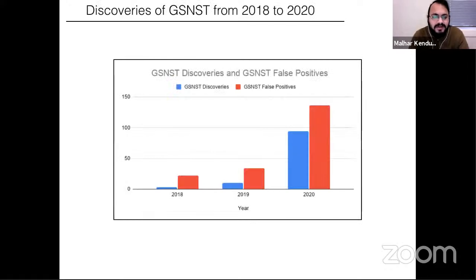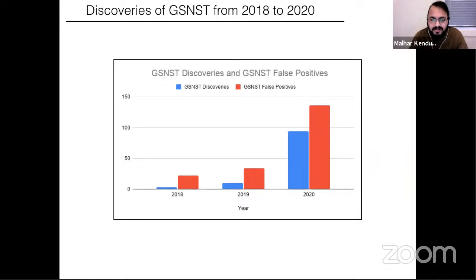Here is an overview of our discoveries from 2018 to 2020. In 2018, we discovered only 3 supernovas in the whole year and found 35 false positive or iffy candidates. In 2019, we found 10 supernovas and around 40 false positives.